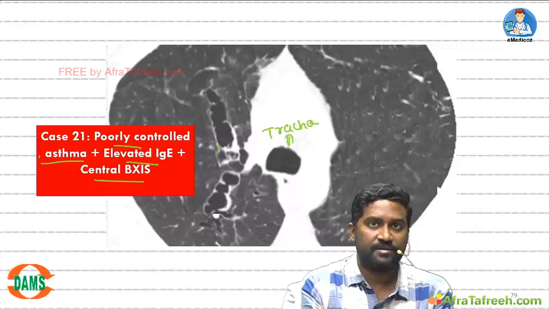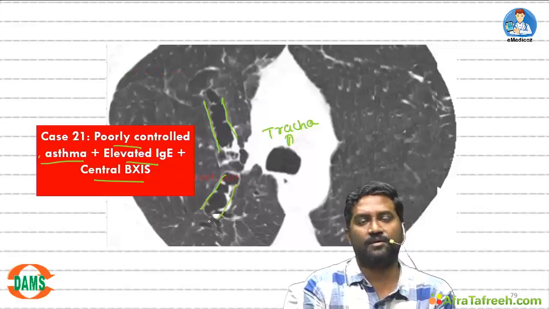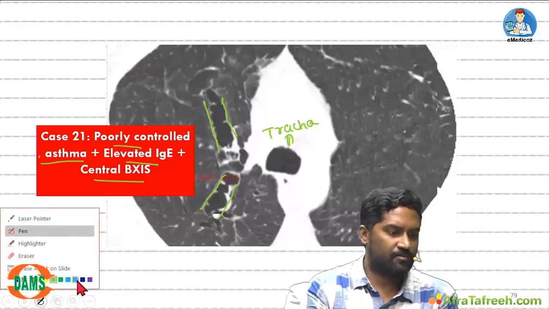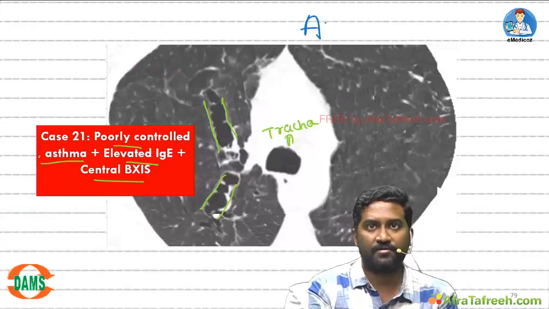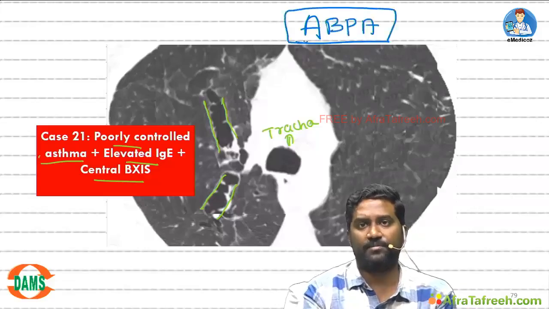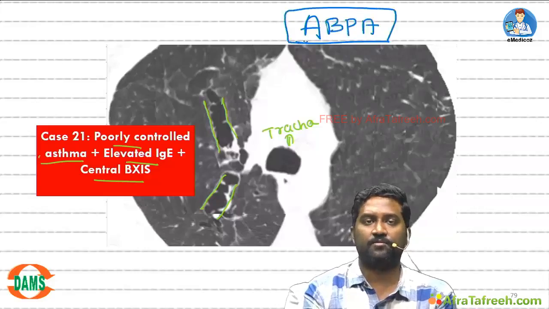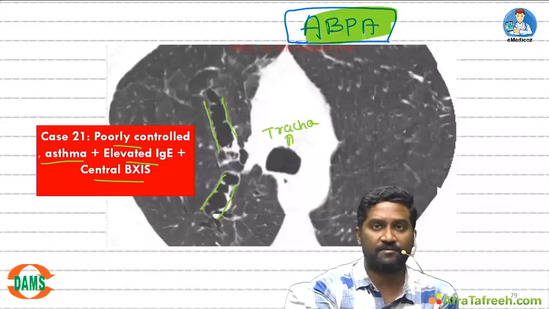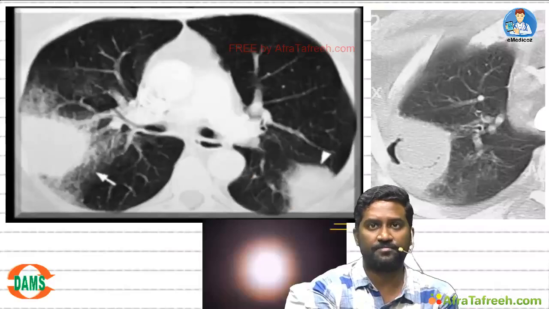Can you notice nearer to the trachea there are dilated airways? So this is central bronchiectasis. When you find this in combination, what should be your answer? Your answer should be allergic bronchopulmonary aspergillosis. Poorly controlled asthma, elevated IgE, central bronchiectasis, everything is suggestive of ABPA.